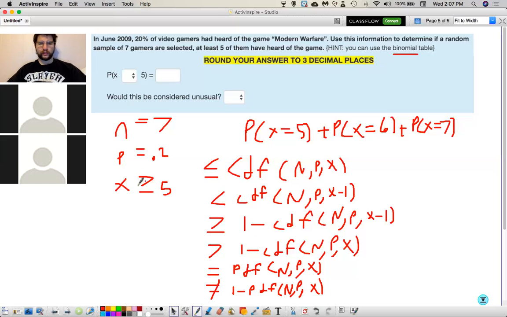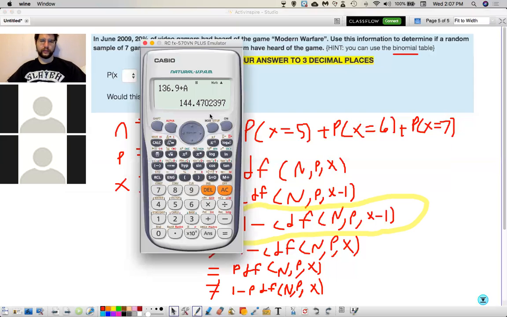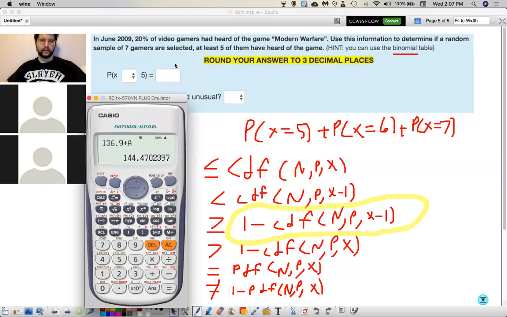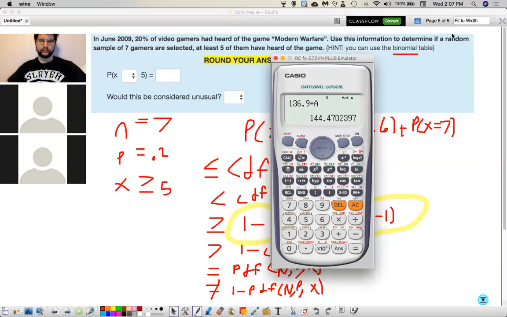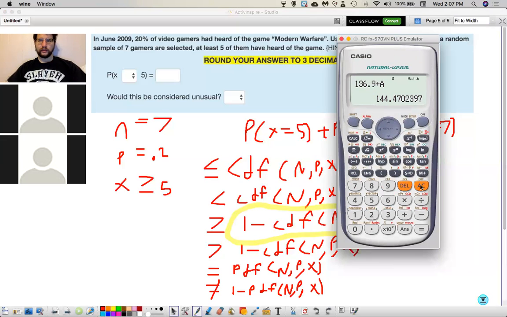So if we look at it, we have a greater than or equal to, we need to do this kind of thing right here. So I'm going to use a Casio first. I'll use the TI in a minute. So go to mode, distributions.